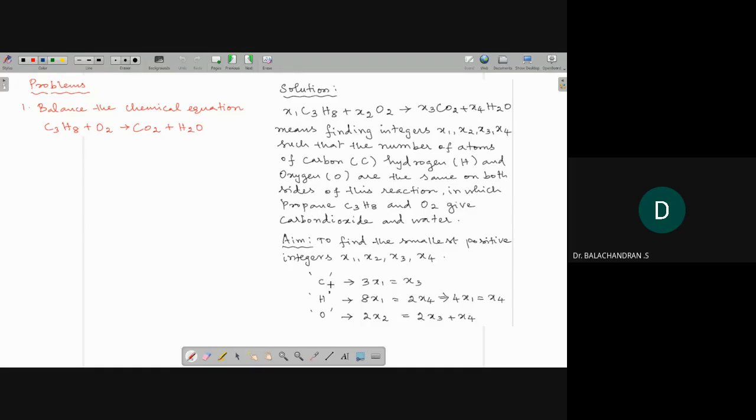First, for carbon, we have C3, so 3 times X1 is equal to, on the right hand side, 1 times X3.